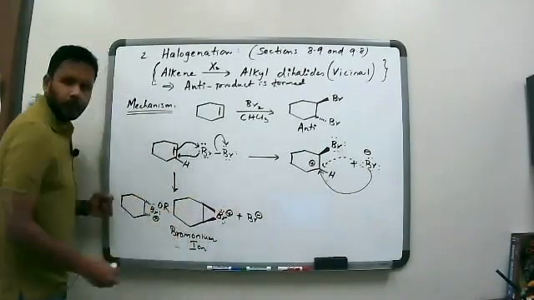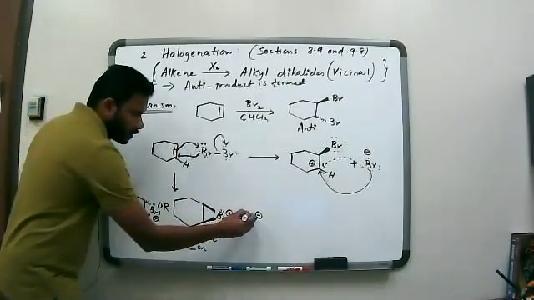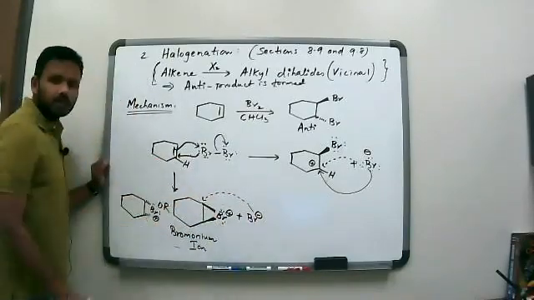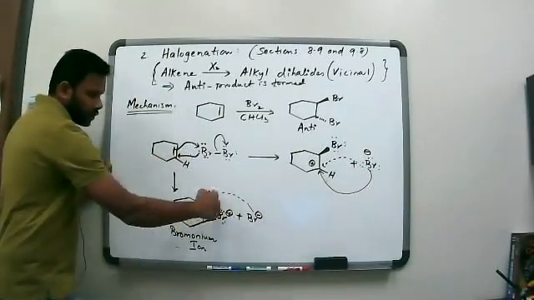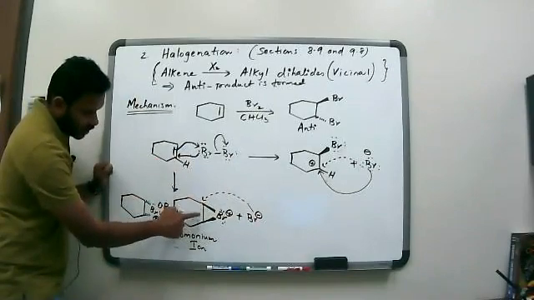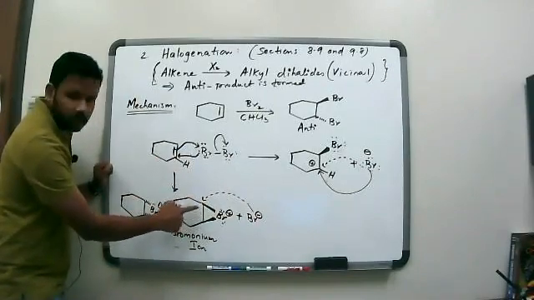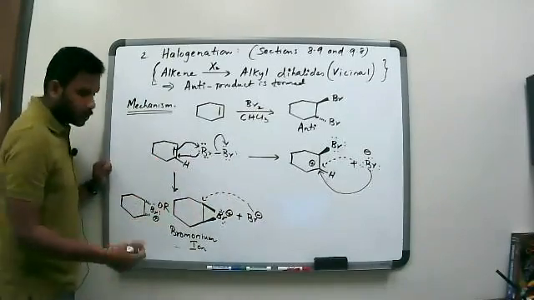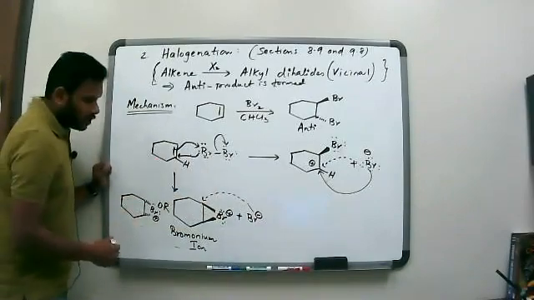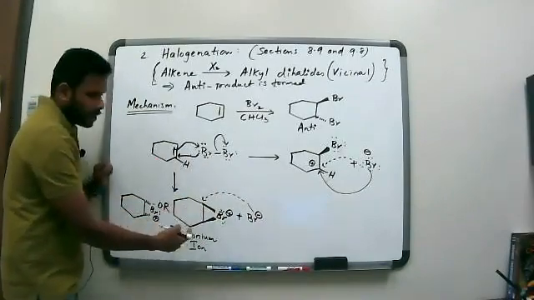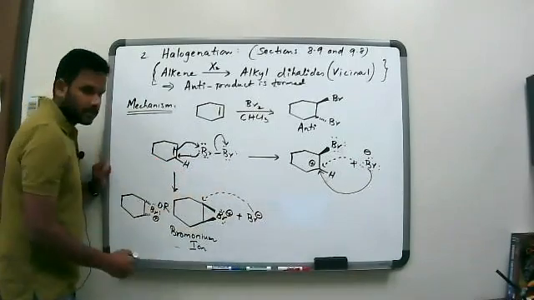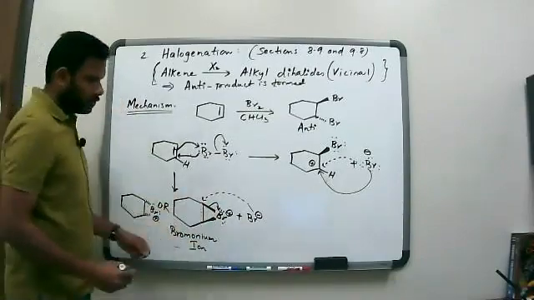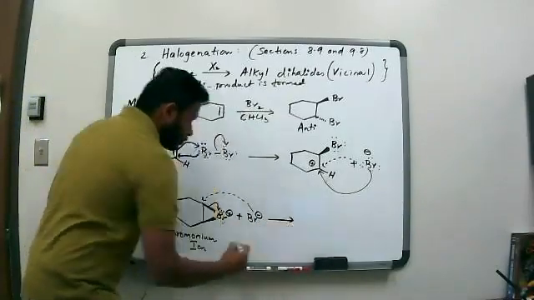And so for the bromide, the only option is for it to go and attack from the back, because the front is already blocked. In this particular case, both carbons are equivalent in terms of their degree, both secondary, so it doesn't matter where the attack happens. The bromide is going to attack from the backside, and at the same time, this bond breaks to give the lone pairs back to the bromine.